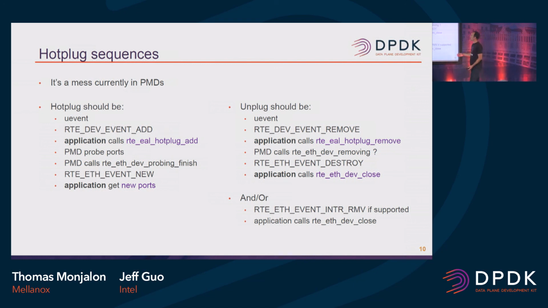It can be changed, but like you said, it's a matter of symmetry. We can also think of an application that doesn't want to manage hotplug at all, an application which is not hotplug proof. You won't have the call to hotplug add. So why should we automatically call hotplug remove if the plug is not managed?